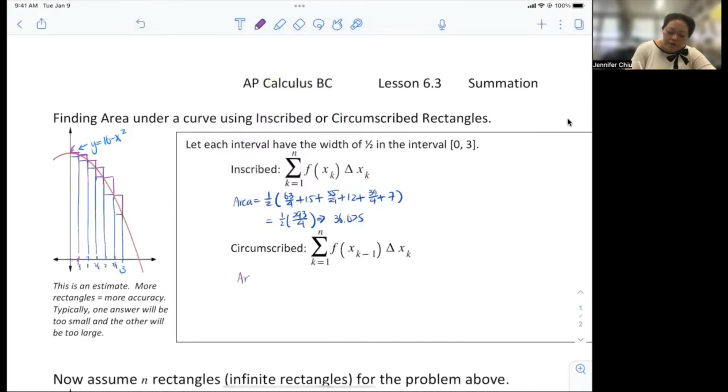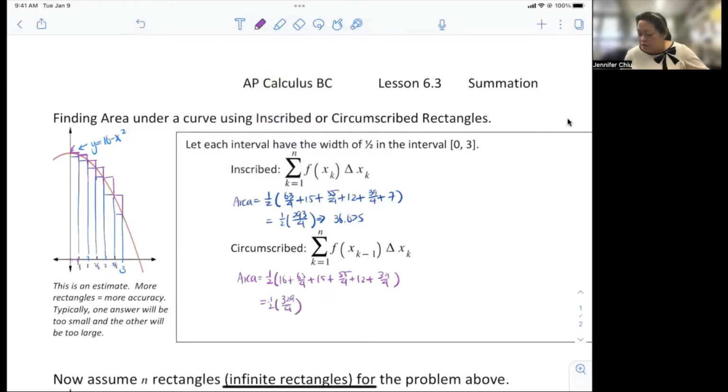Okay, so in that case, my area is going to change a bit. My area is equal to 1/2. Let's add my y values. So I start with 16, 63 over 4, 15, 55 over 4, 12, 39 over 4, and so on. So I get 1/2 times 329 over 4, which gives me 41.125.